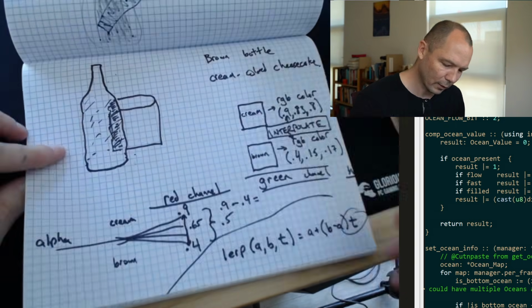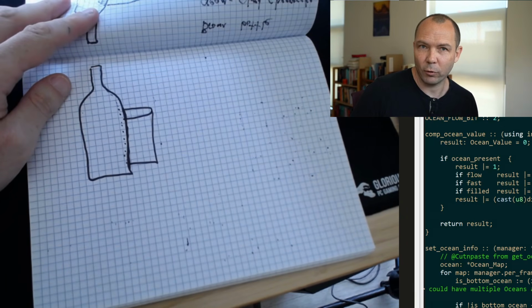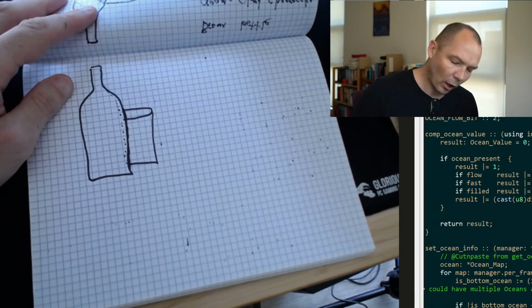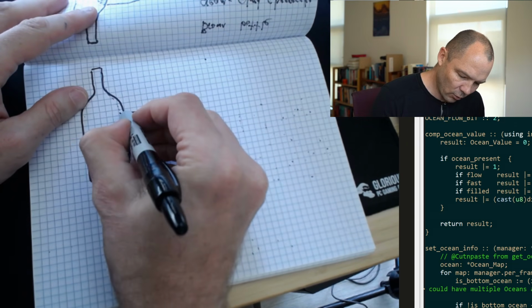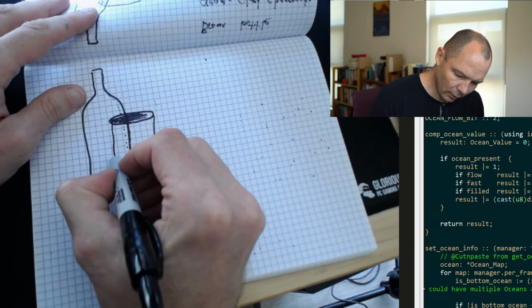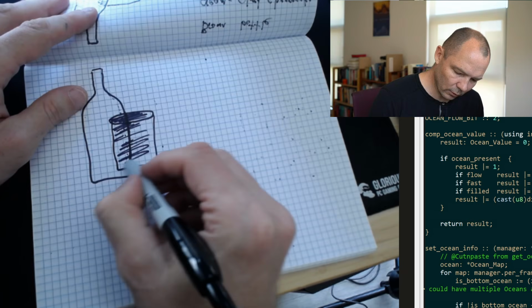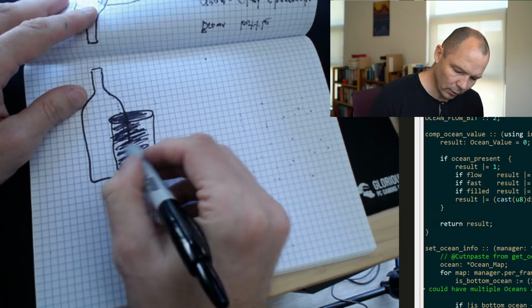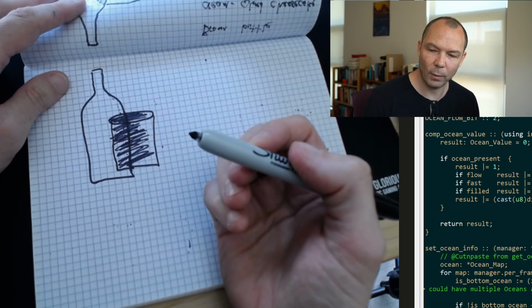Okay? So why not just turn off Z buffering so you don't have this problem? Well, if you turn off Z buffering and you render the bottle first, then you're just going to draw the cheesecake in front of the bottle, because you have no record of where that bottle is in space.